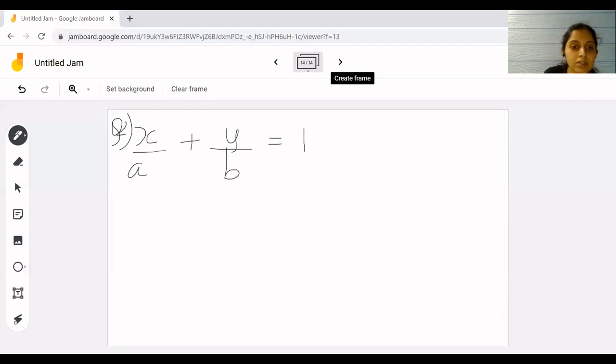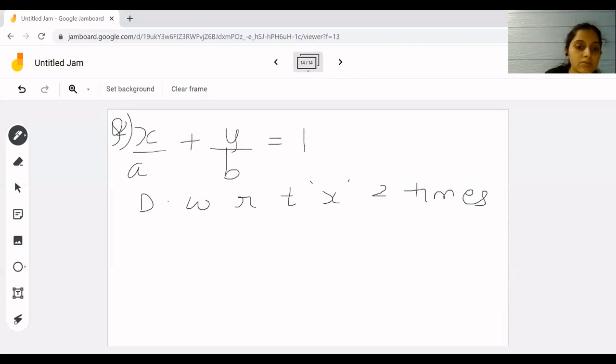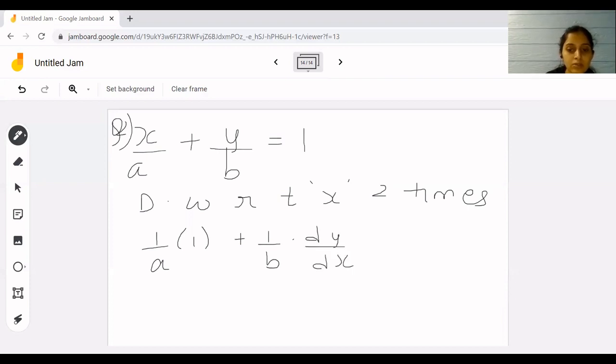Now, we'll differentiate this equation, okay. Since there are two coefficients, so we'll say differentiate with respect to x 2 times, okay, which will be differentiation of x will be 1 upon a, okay, into 1 plus dy by dx, so 1 upon b into dy by dx equal to 0.